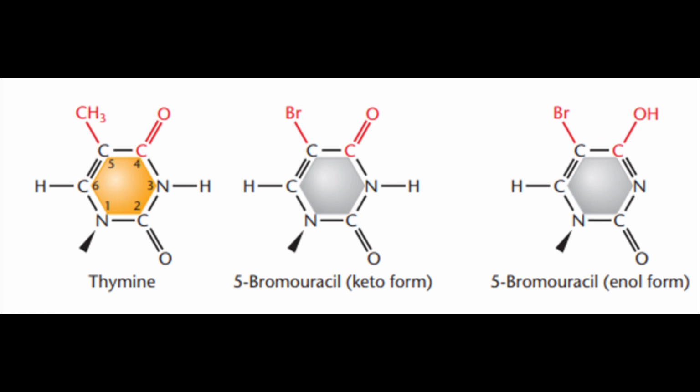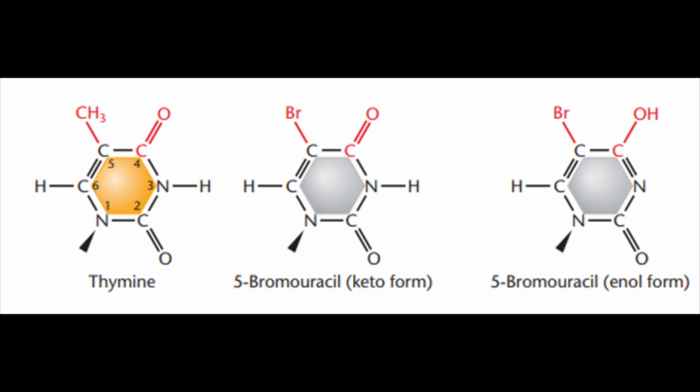So what will happen after one round of replication? The AT base pair will change to a GC pair, a transition result.